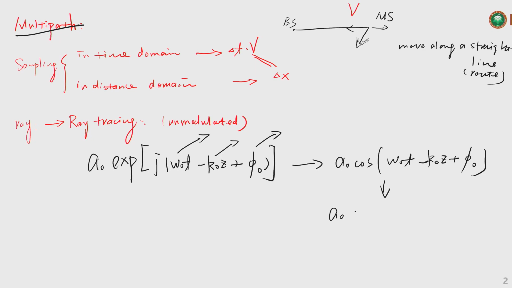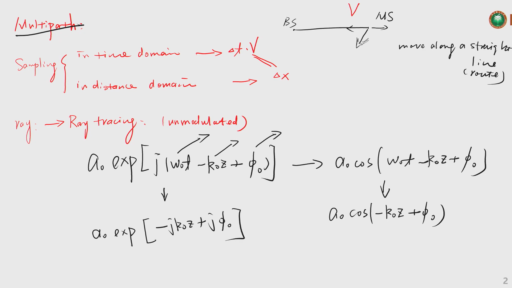So it becomes a node cosine minus k node theta plus phi node. We only have this part, so this one becomes a node exponential minus j k node theta plus j phi node. This is the expression after the down conversion.